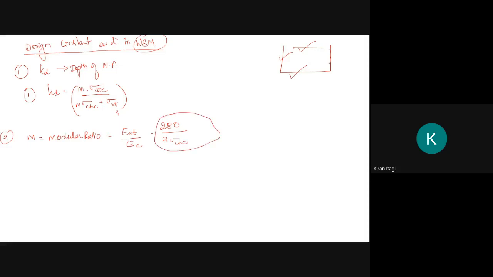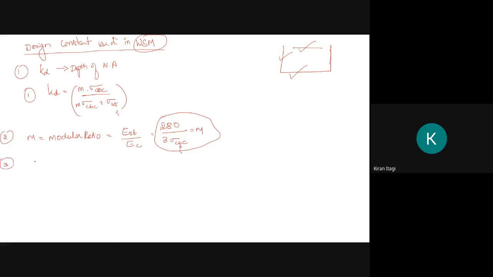Just remember this formula. Sigma CBC is the permissible compressive stress in the concrete in bending.